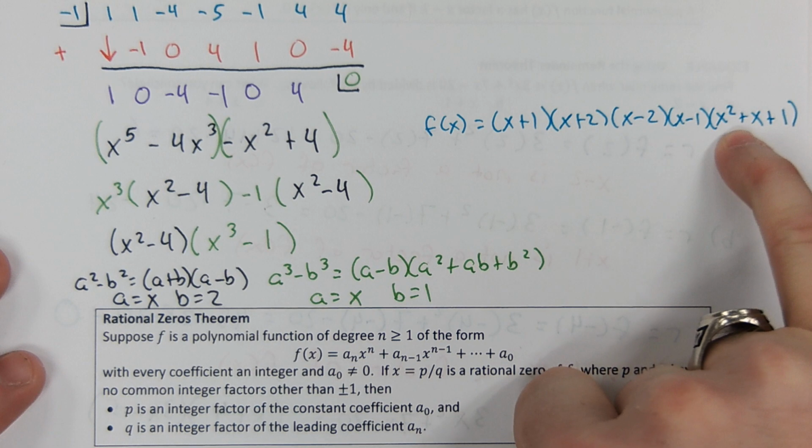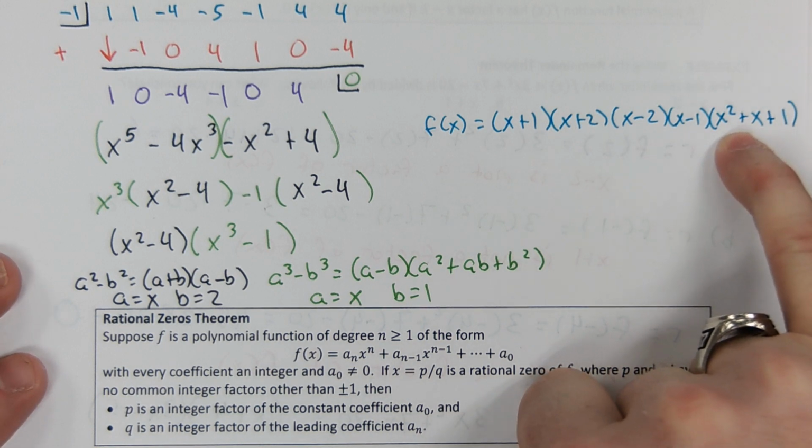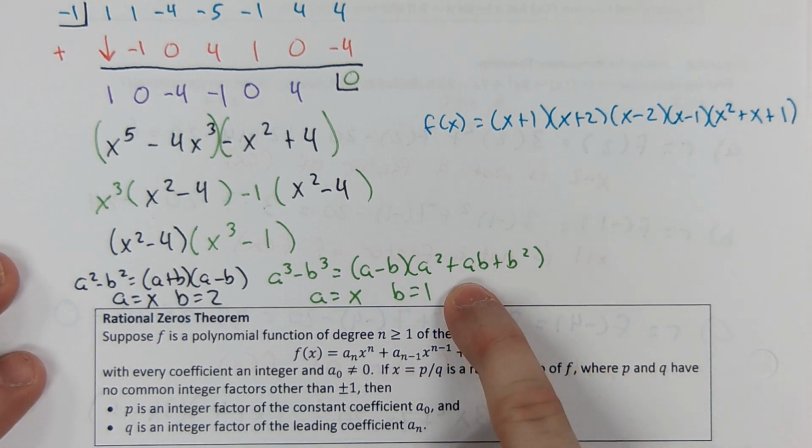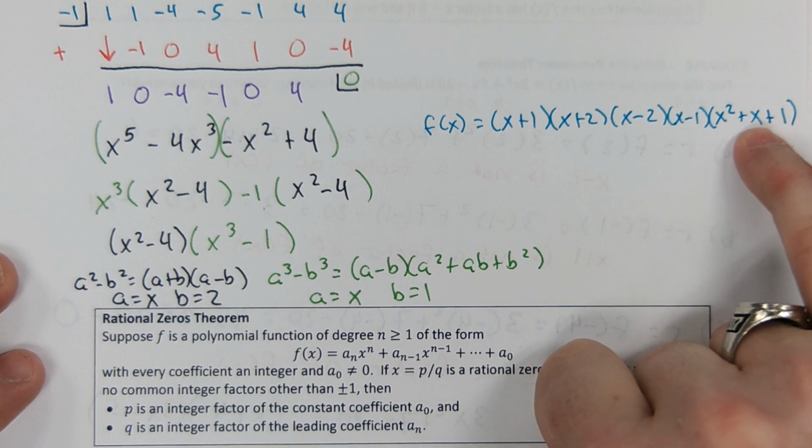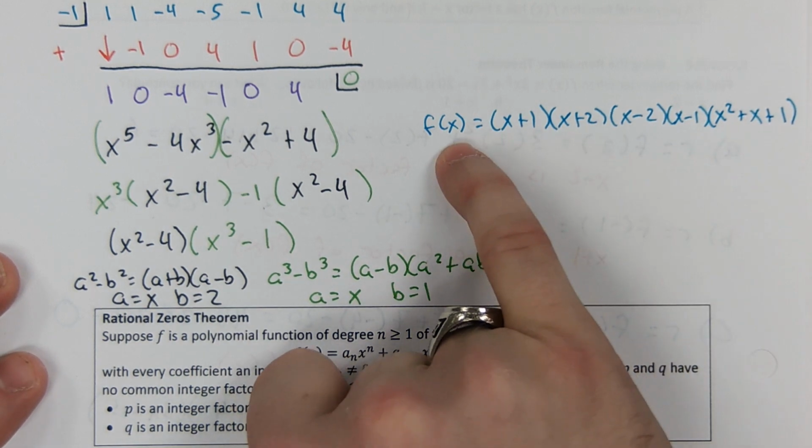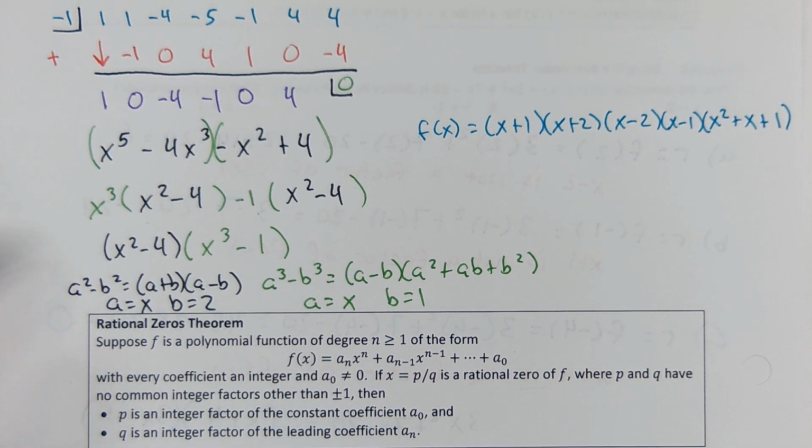Because this is a true x squared quadratic, that is a result of the difference of cubes, this will not factor, so we don't have to worry. This is the full factorization of our function. So once again, if I hadn't given you one of those factors, you would have been stumped.